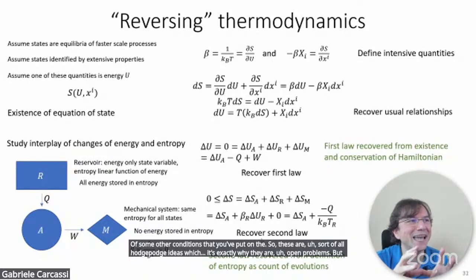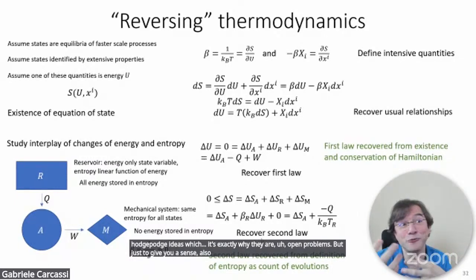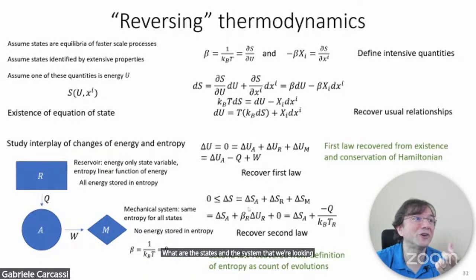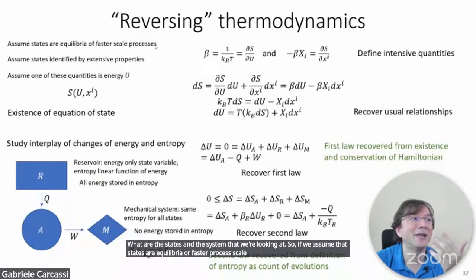But just to give you a sense, this can also allow us to recover thermodynamics if we further constrain what the states and the systems are that we're looking at. If we assume that states are equilibria on faster process scales, then each state will have a well-defined entropy.